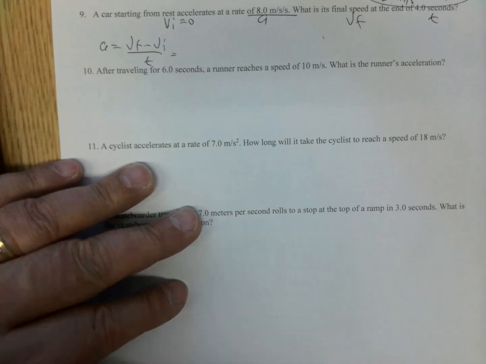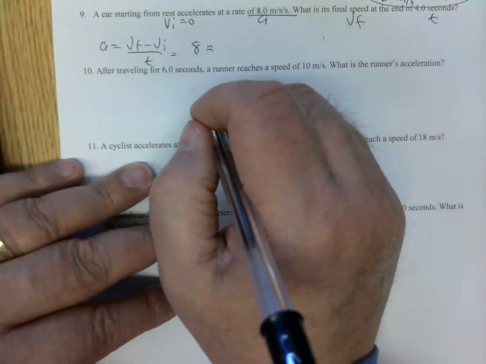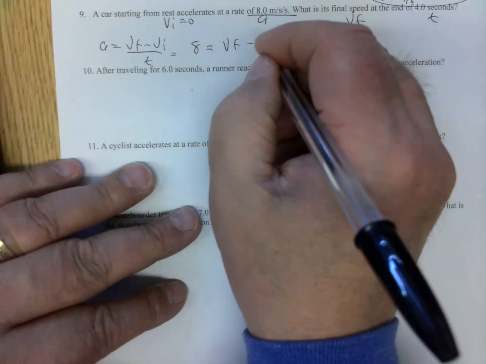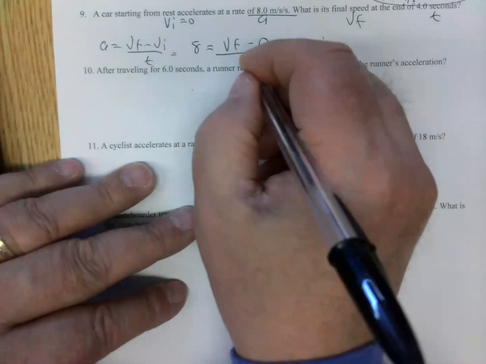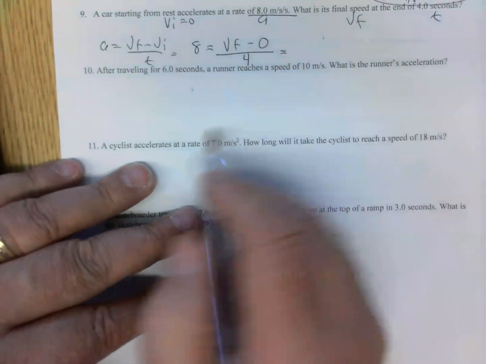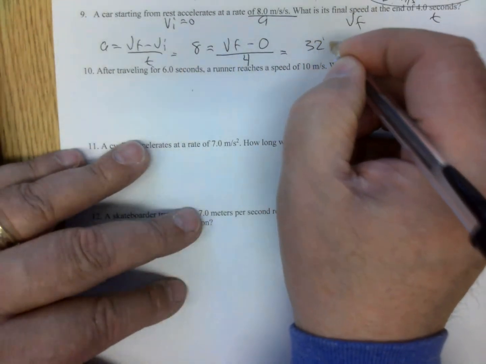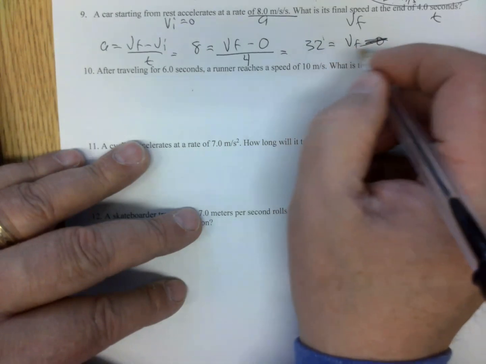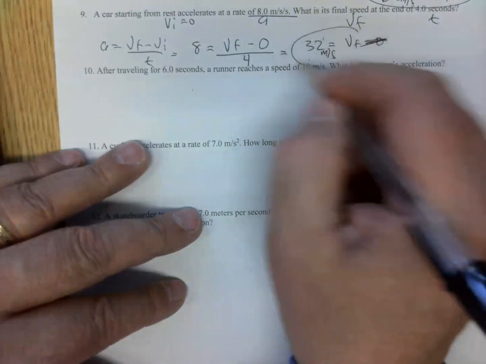So acceleration is 8, v of f we don't know, v of i is 0 because it starts at rest, and then the time is 4 seconds. Okay? So then we just multiply both sides by 4, 32 equals v of f minus 0. We don't worry about that, it's just 32 meters per second is velocity final.